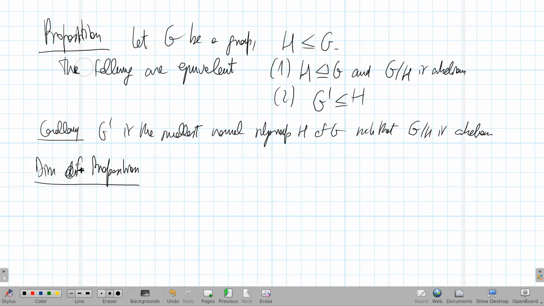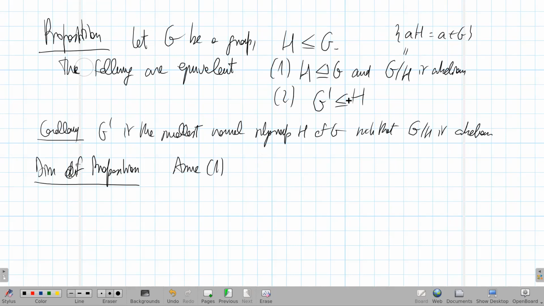Assume 1, okay? So we prove that 1 implies 2. So we know that H is normal. We know that the quotient is abelian. What does it mean? Well, the quotient, of course, as usual, is formed by the cosets. Left or right is the same, and take the left cosets.